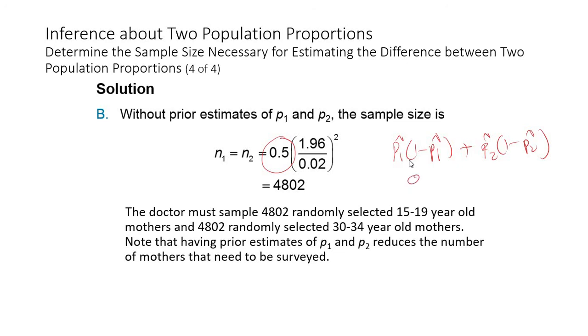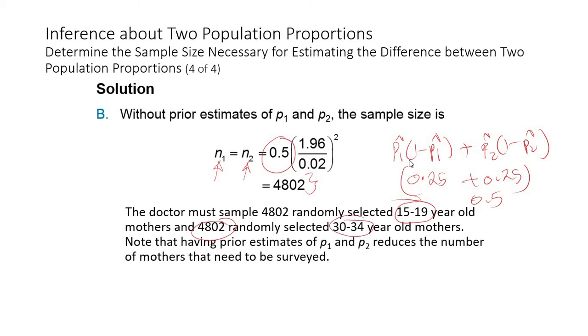So this is going to result in 0.25, and this is going to result in 0.25. If you add them, you get 0.5. The sample size required here is going to be 4,802 for both of these populations. So the doctor must sample 4,802 randomly selected from the first group and the same number from the second group.